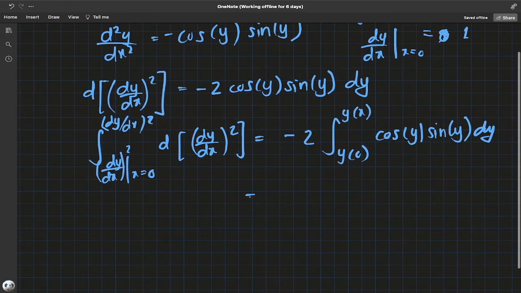Okay, now I can do a quick u-sub on that side. I'm not showing the steps. And then evaluate y at 0, y at x.